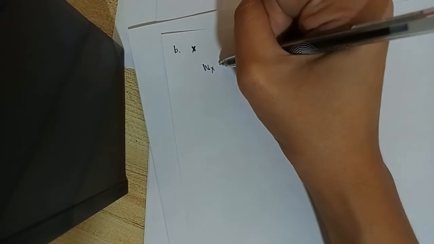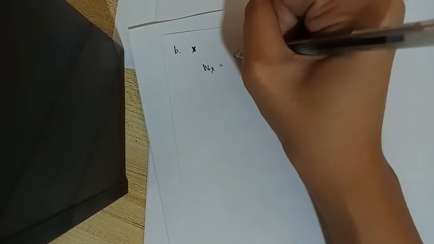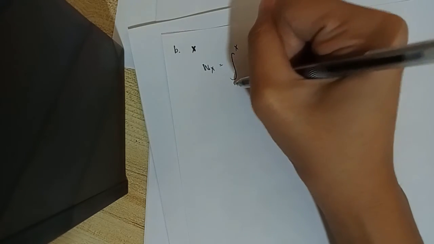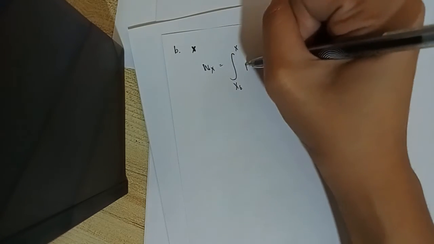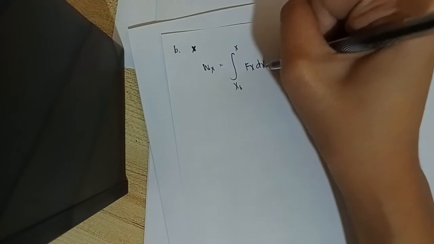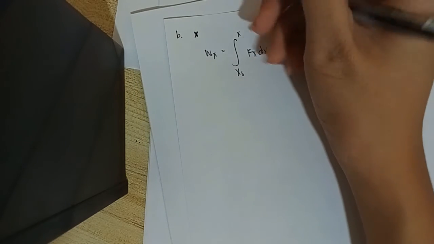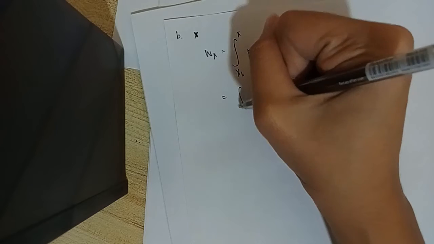At letter B, at what positive value of x? So we're looking for the x. Again, we'll do the solution like on letter A. But here we don't have our limits. So that will be limits of x and x sub 0.